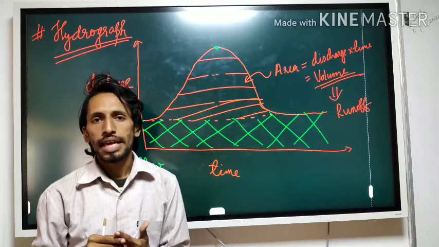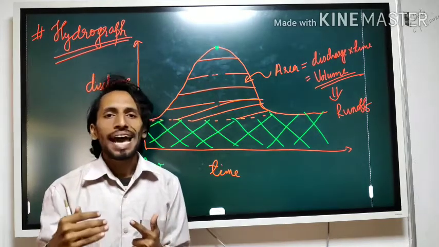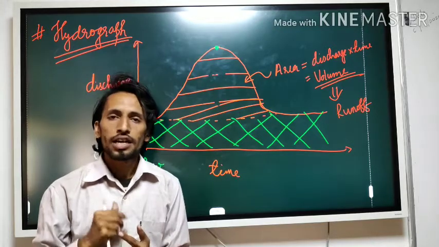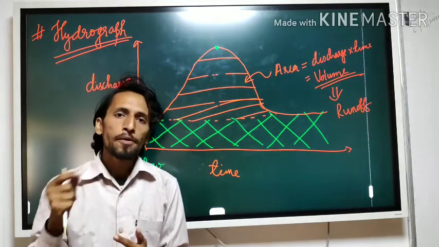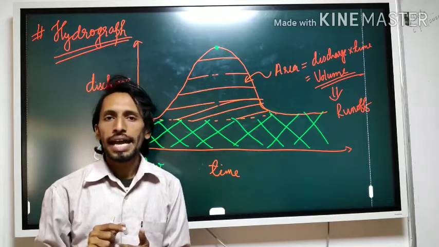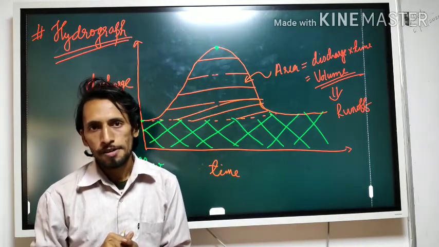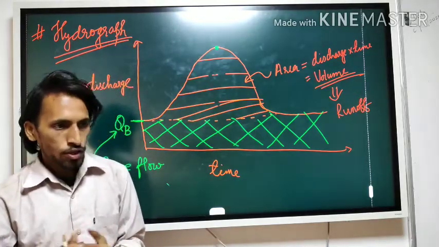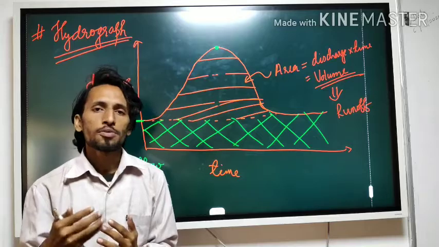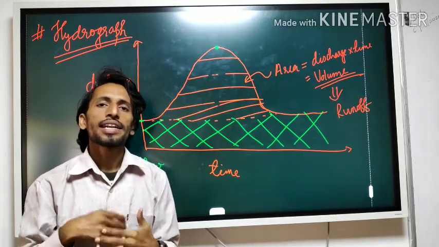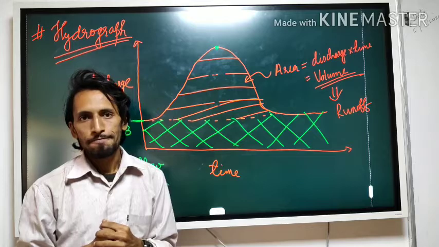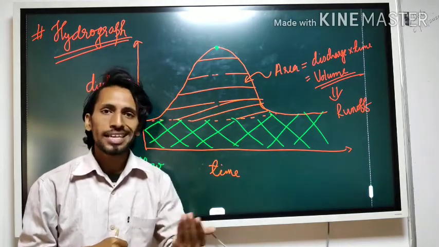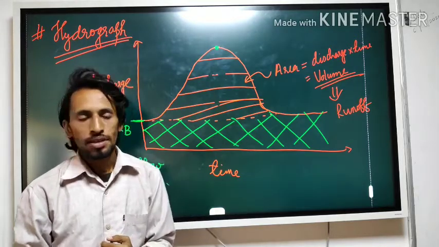Second option can be after some time when rainfall stops. Third option can be before some time when rainfall stops. These can be three options. So you may pause the video and think about it: at what point of time should the discharge start decreasing?